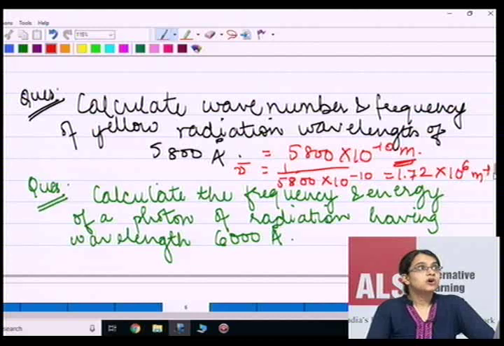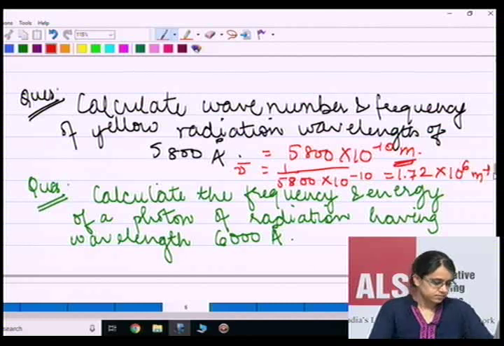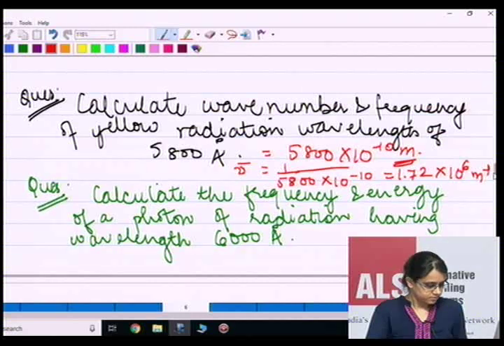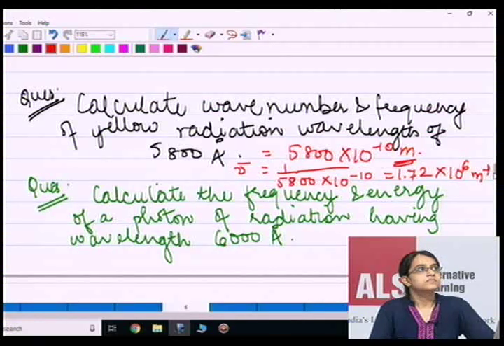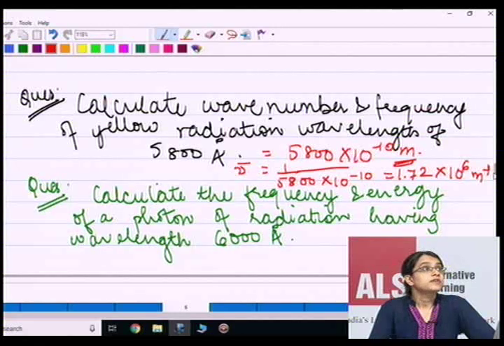In the meantime, Shillong, if you've attempted the second question, you can post the answer for that as well. Shillong, great, correct answer for the second one. However, you forgot to mention the units. Please do that.